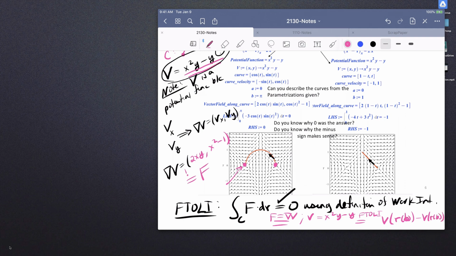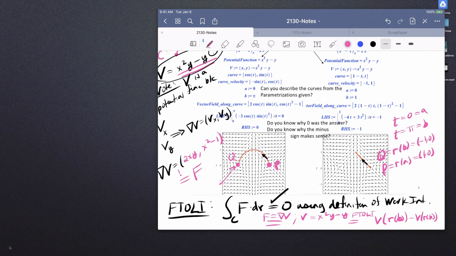Since we were integrating from t equals 0 to t equals pi, this is our a value, this is our b value. The curve evaluated at b is the point (-1, 0), and the curve evaluated at a is equal to (1, 0). So here is our point Q, and here is our point P.